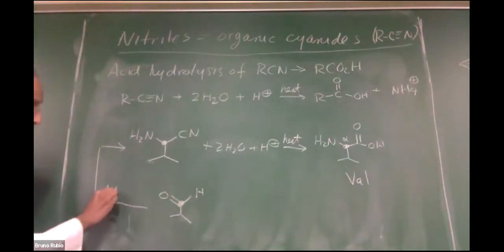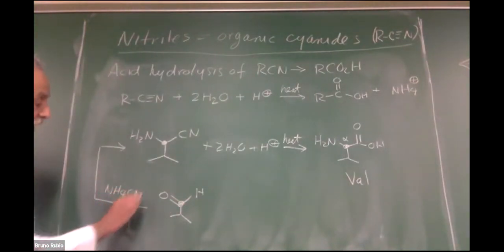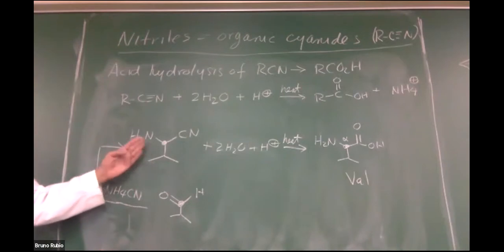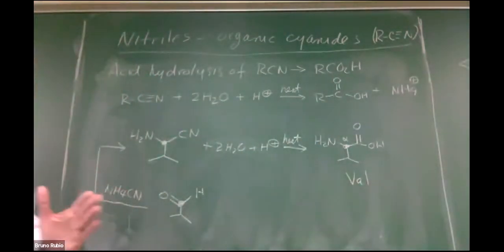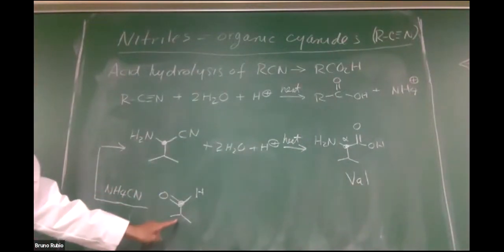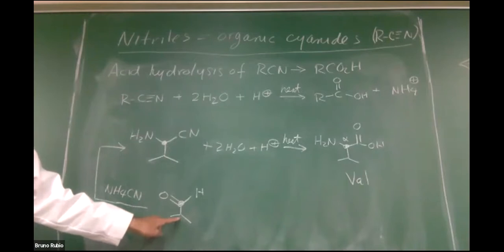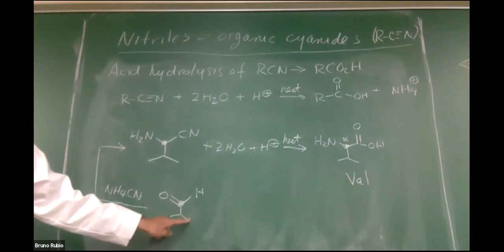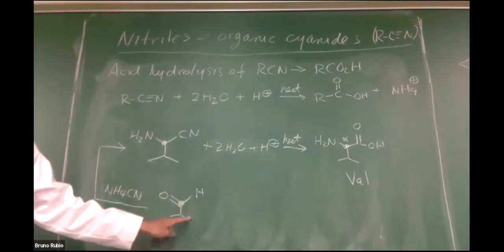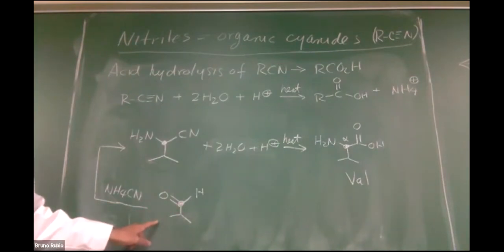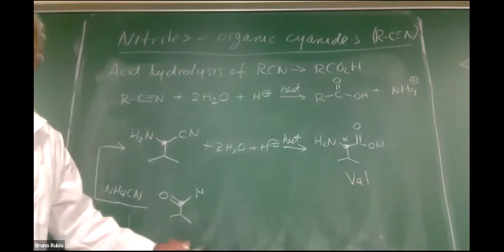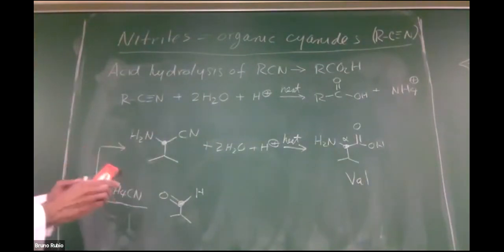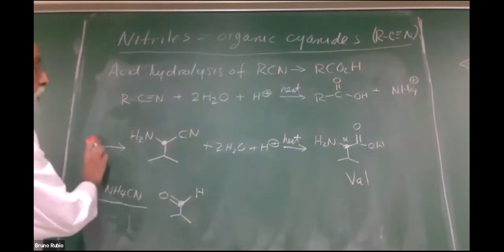This plus ammonium cyanide gives you this, and then hydrolysis of the nitrile, step 2 of the Strecker synthesis, takes you on to valine. Notice that I was able to come up with this amino acid just by playing around with whatever is the R group on the aldehyde. Now we want to talk about the mechanism of this acid hydrolysis of the nitrile.